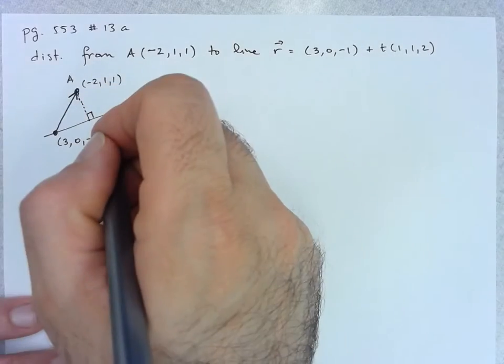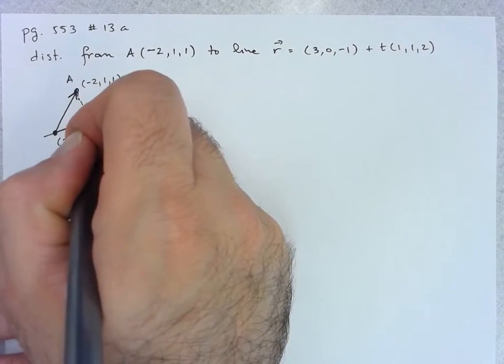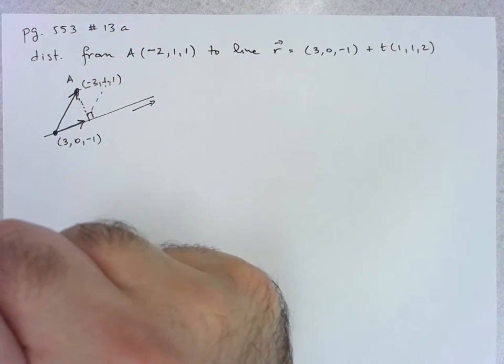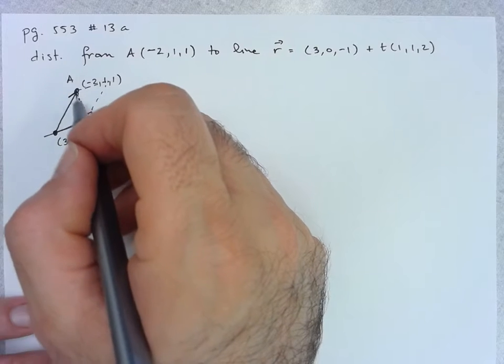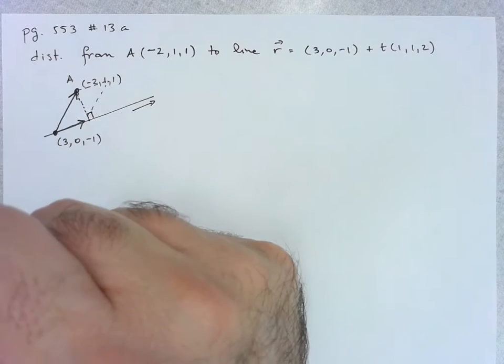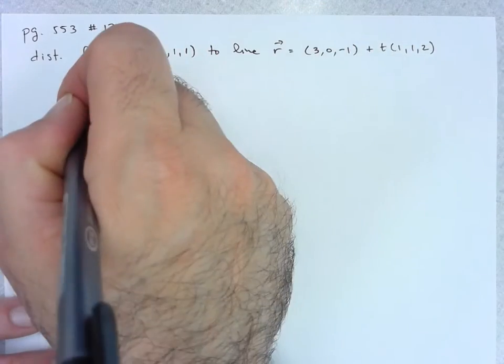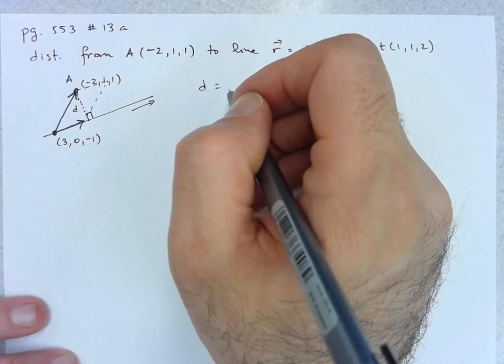direction vector to this line, and of course I can place that anywhere, so I can place that direction vector here, and what I get is these two vectors form a parallelogram, and this distance just represents the height of the parallelogram. So essentially our distance d is just the area of the parallelogram divided by the base.